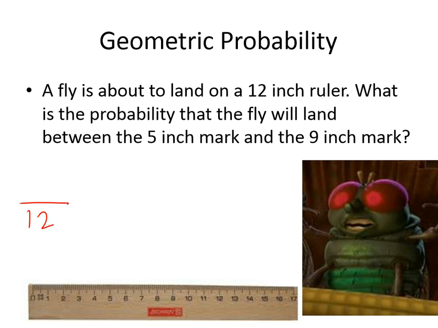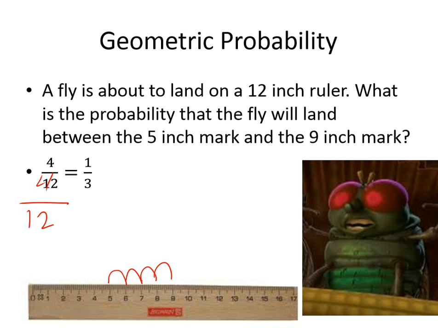Well, 5 to 6 is 1, 6 to 7 is 2, 7 to 8 is 3, 8 to 9 is 4. So it's going to be 4 over 12, which reduces down to 1/3. That would be our geometric probability of the fly landing anywhere on that ruler. There's a 1/3 chance that it lands between 5 and 9. Pretty sweet, huh?